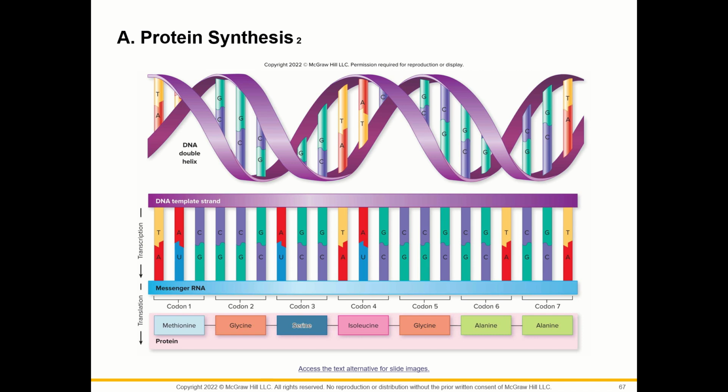Okay, so this is Figure 3.19. It's a big figure. It takes about half of a page. And it shows transcription and translation. So the genetic code is first transcribed into base triplets or codons in mRNA, and then they're translated into specific sequences of amino acids in the polypeptide.